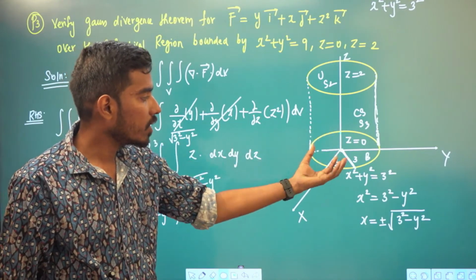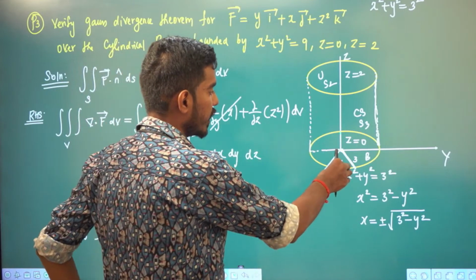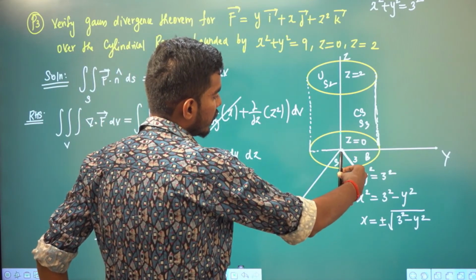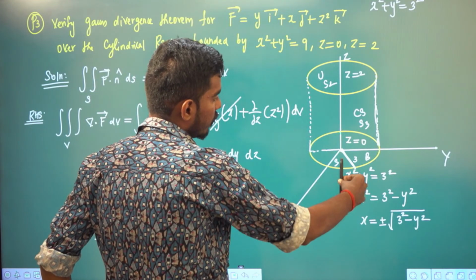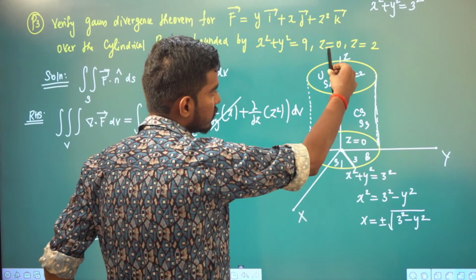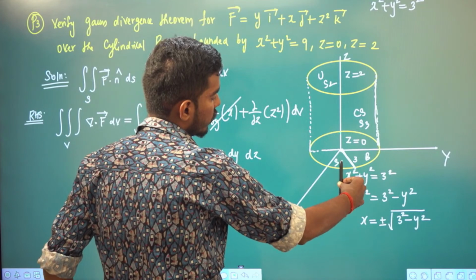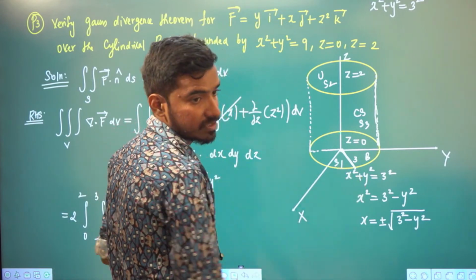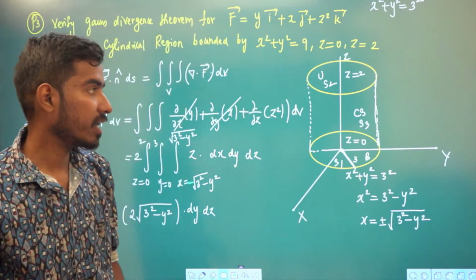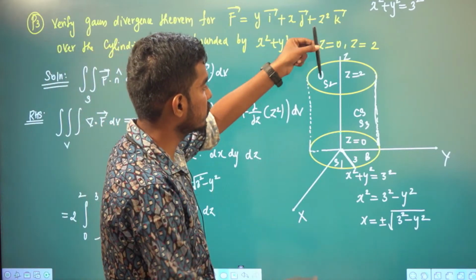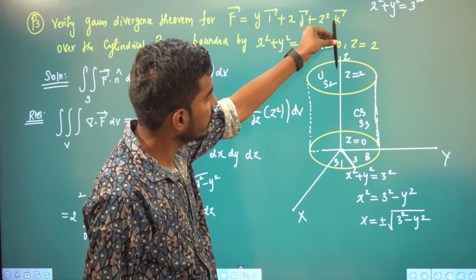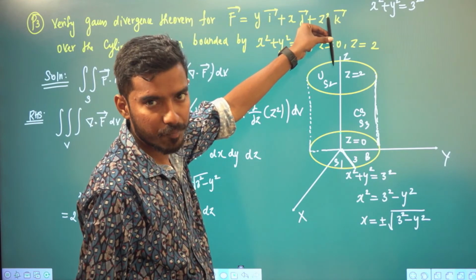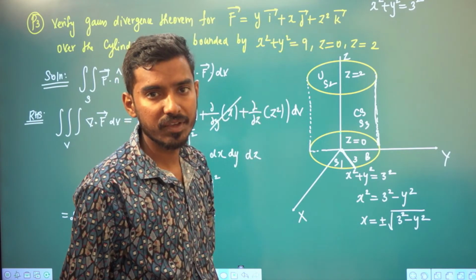For the bottom surface it is easy: n cap is the unit normal perpendicular to it, and since this is the z axis, the unit normal will be opposite to the z direction, so minus k cap. For the upper surface, the unit normal n cap is k cap. This is all we discussed in the previous class.